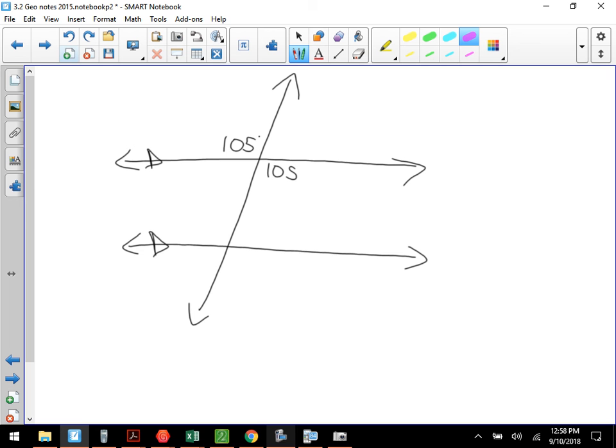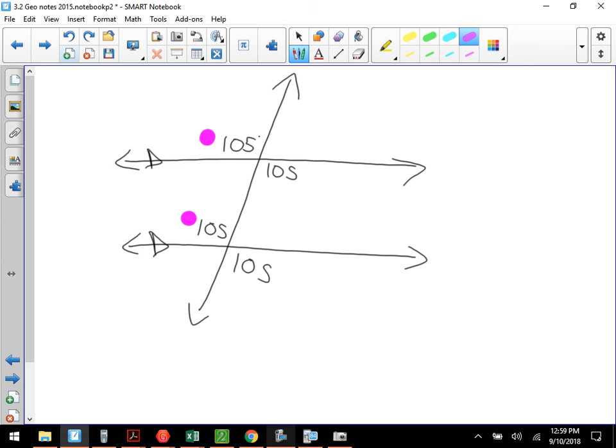We just learned this one, alternate interior. Right now I'm on the inside on the right side. If I switch sides to the inside on the left side, that's 105, isn't it? Doesn't that also match up between here and here? Would they be corresponding then too? Which means I use vertical, and this is also 105.